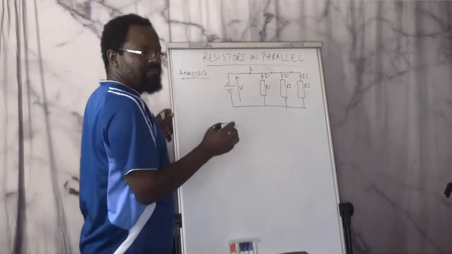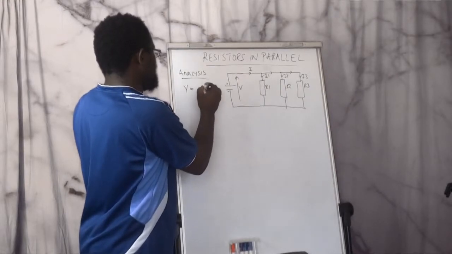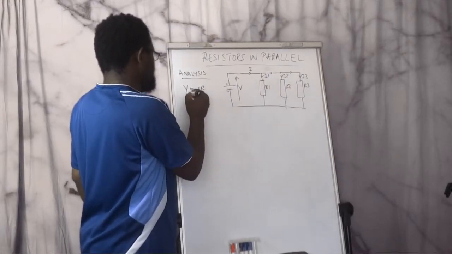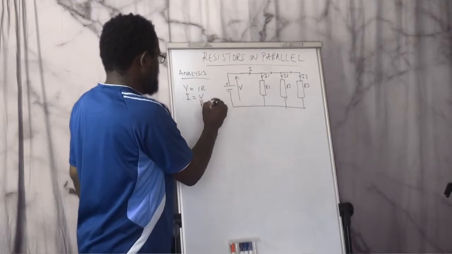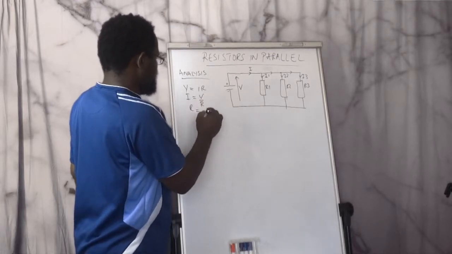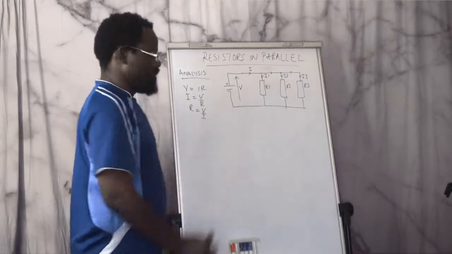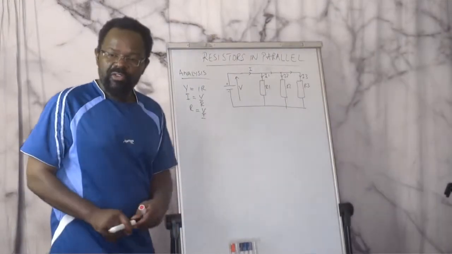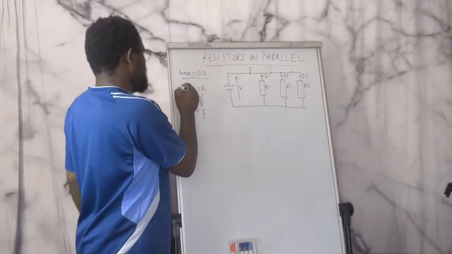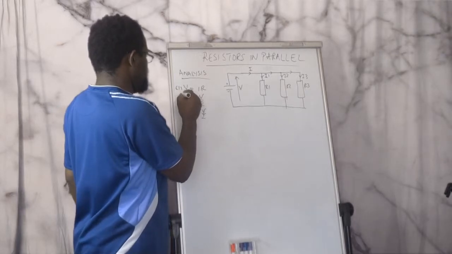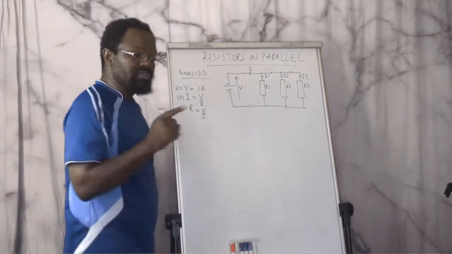So we know these formulas: V is equal to IR, I is equal to V over R, and R is equal to V over I. So we're going to use these formulas.